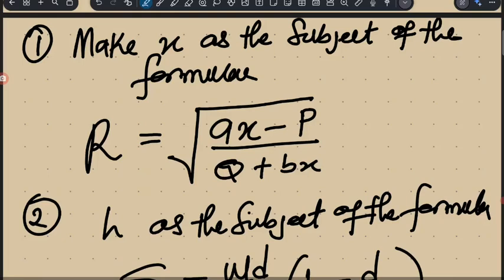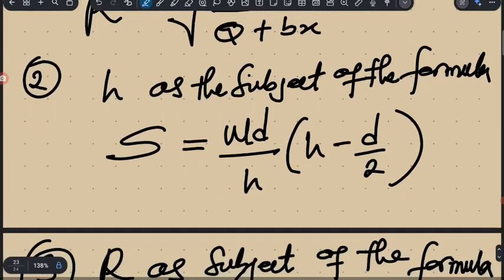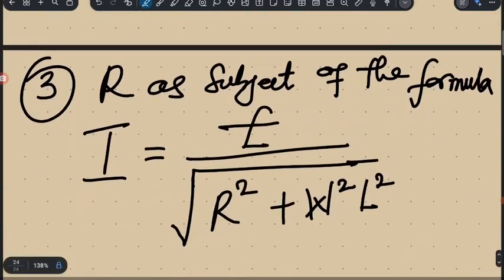That is number one. Number two, h as the subject of the formula, s is equal to wd divided by h, whereby you open a bracket h minus d over 2. The last question for the classwork, r as the subject of the formula, I is equal to e divided by the square root of r squared plus w squared l squared.